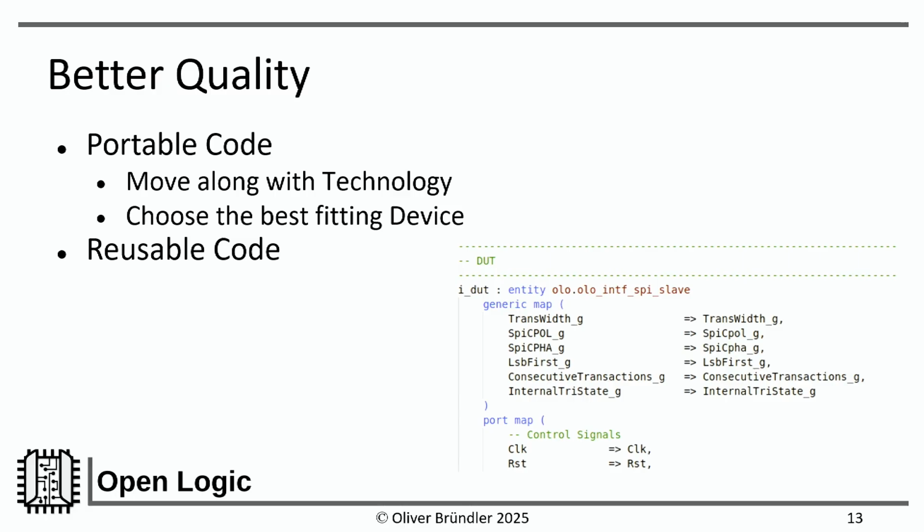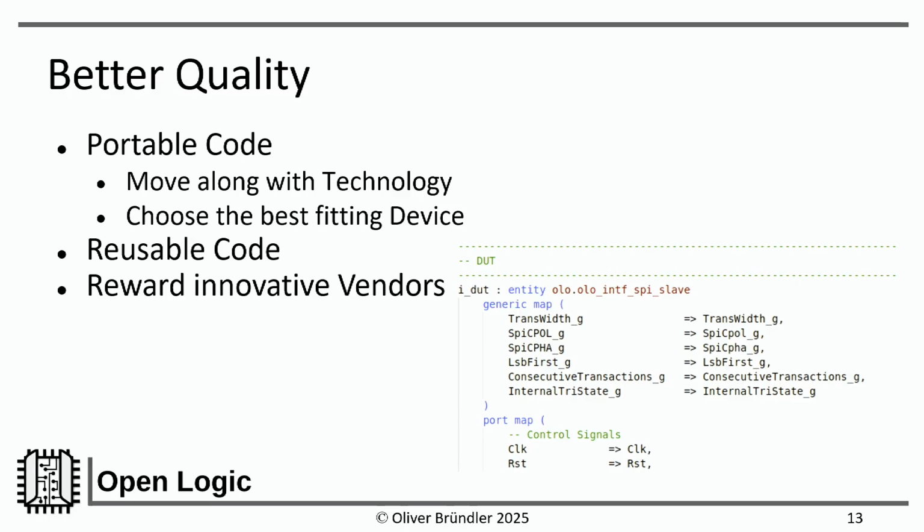OpenLogic also makes your code more reusable because you don't have any hard-coded vendor macros in there. All the OpenLogic blocks are configurable. That gives you just a bit more options for code reuse. And also important, in my opinion, if we create portable code as developers, we will reward vendors that are innovative.